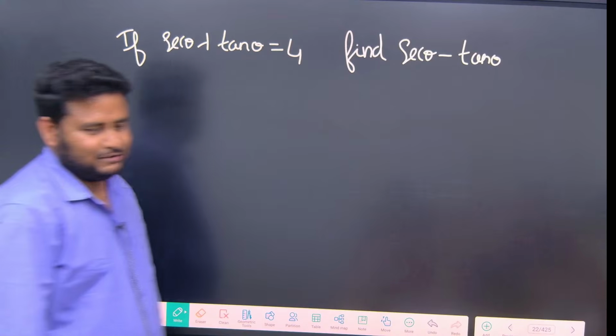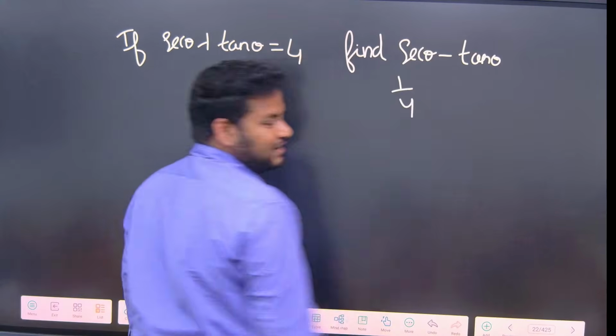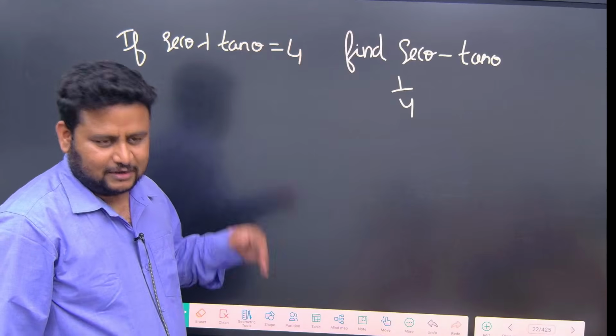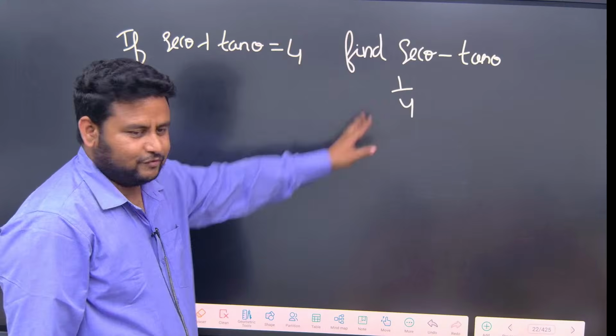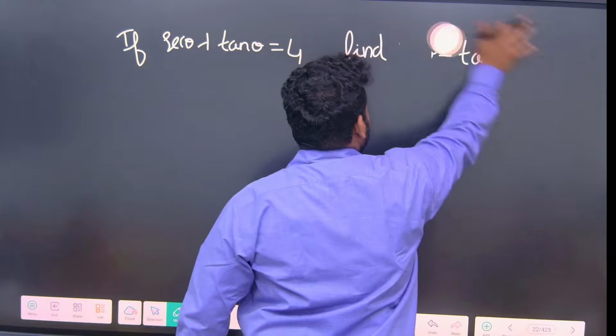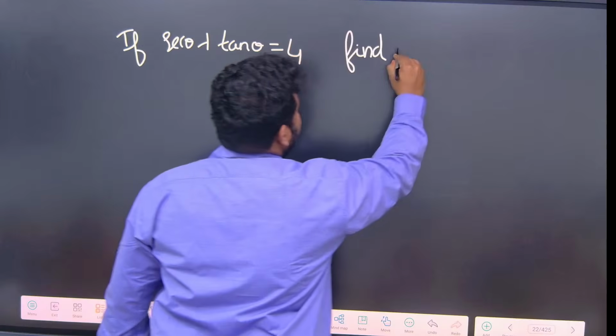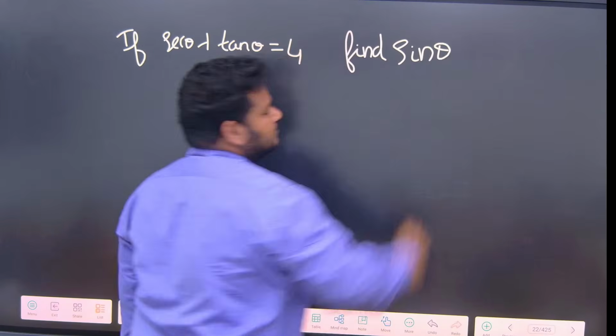So you will write 1 by 4. But such easy questions they won't ask. Although now you know the concept, it appears easy.